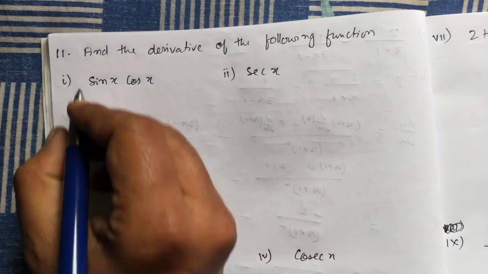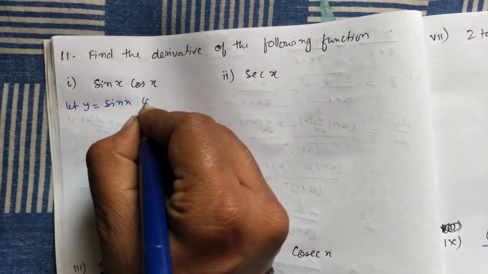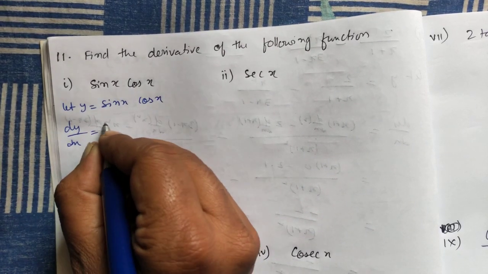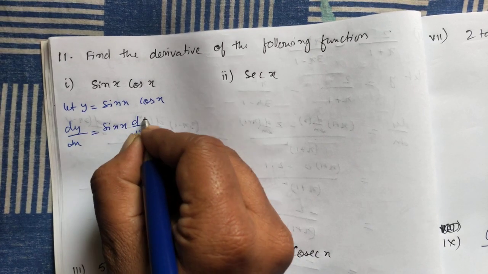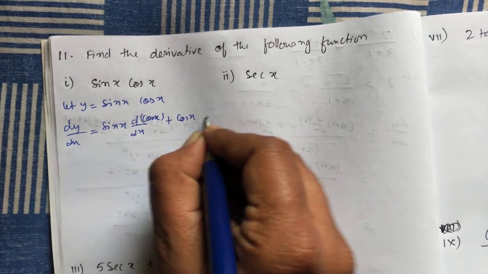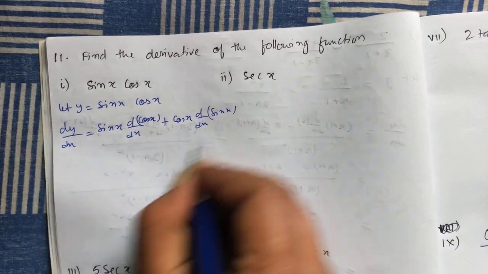Let's do this. Question number 11. Let y equal to sin x cos x. So dy by dx will be, first sin x is constant, we derive cos x, second term, then cos x is constant when we will derive sin x.